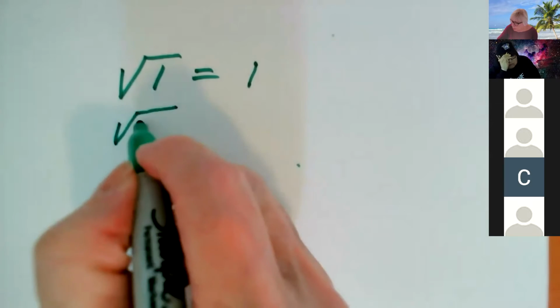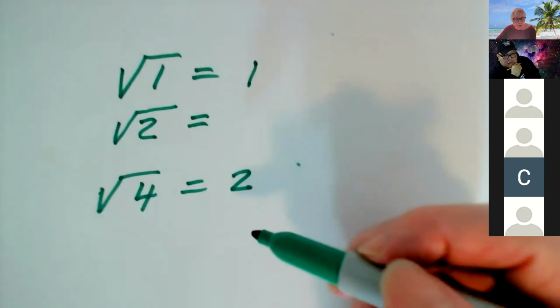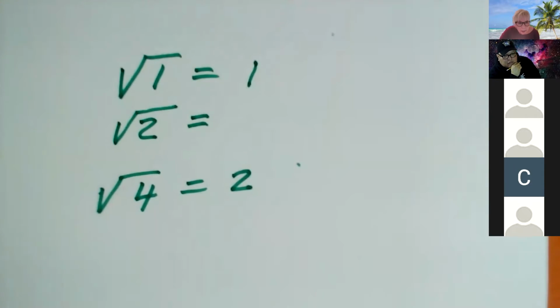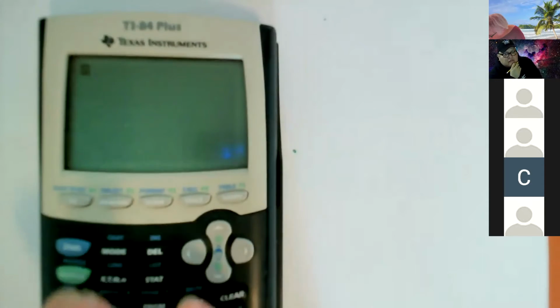What's the square root of 2? It's not a nice number. It's 1 point something because it's between these two, but it's not a nice number. I'm going to turn my calculator on. Let's see if I can find it. Oh, here it is. Square root of 2.